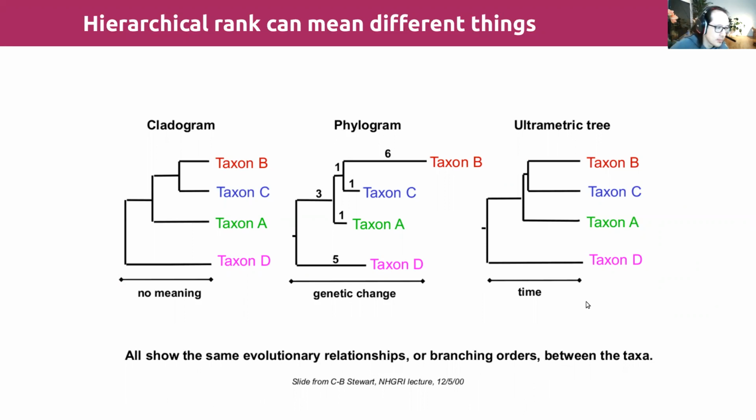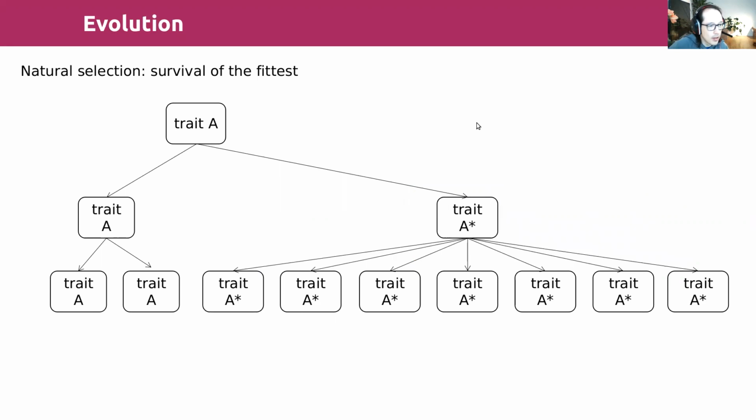So these trees, what determines their structure? What is driving them? Well, it's natural selection, survival of the fittest, right? So you have, for example, a trait here, and some change occurs in this trait. We might call this trait A, and then if we follow this particular lineage here, we see that trait A has changed into trait A star.